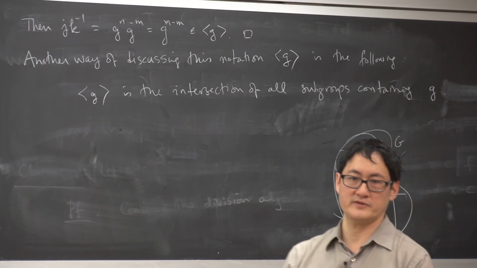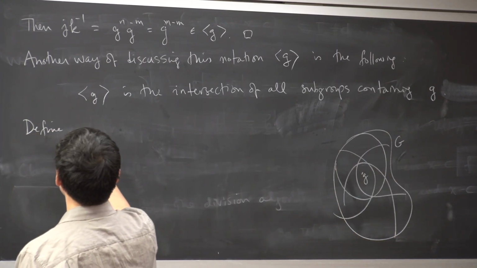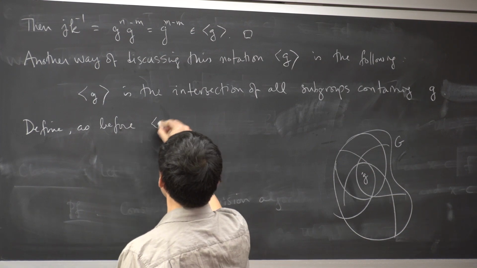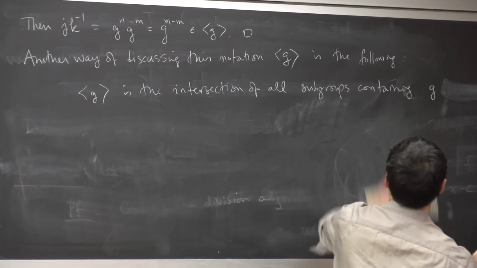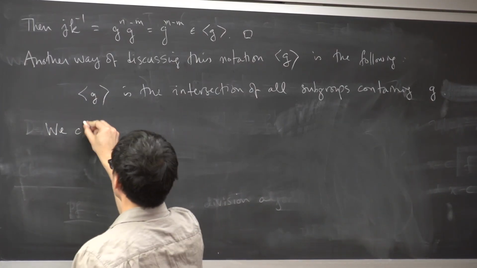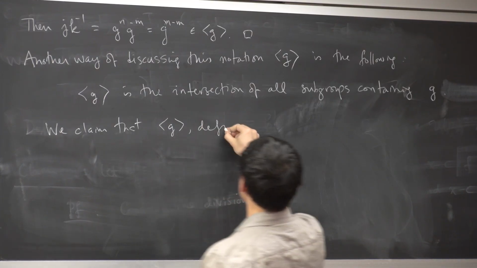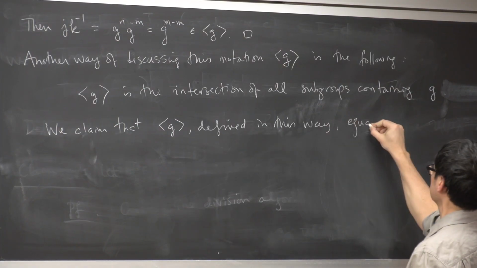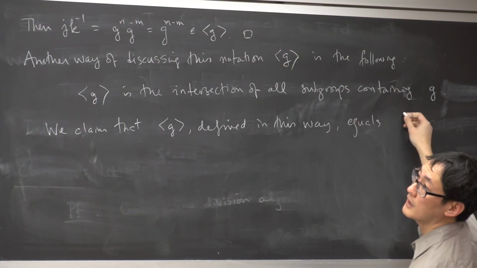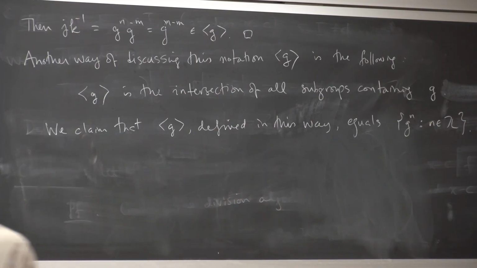So let's see how a proof like that would work. Define, as before, G. Well, how do I do this? We claim that G defined in this way equals the set of all G to the n such that n is in Z. Let's figure out what's going on here.